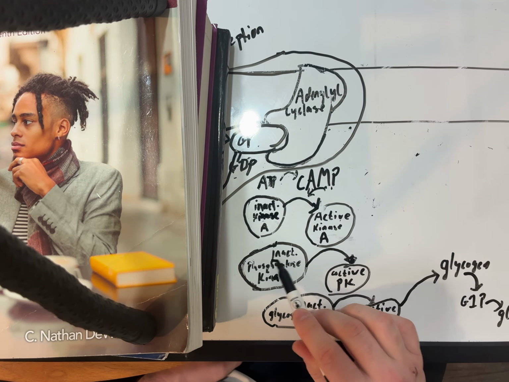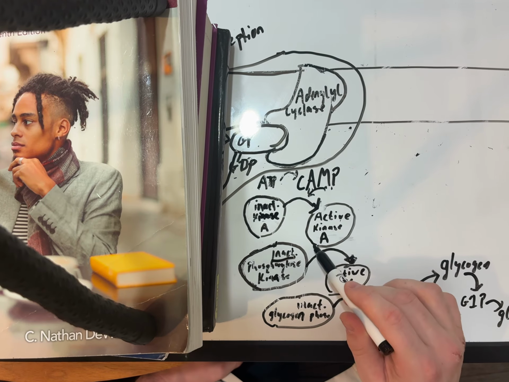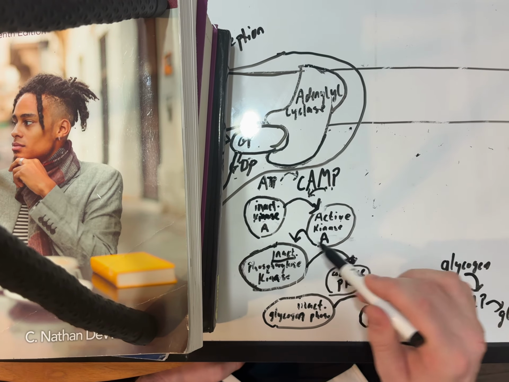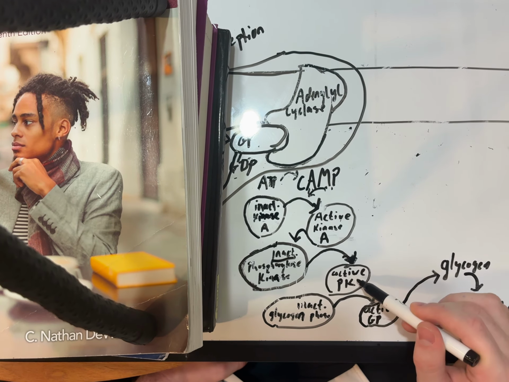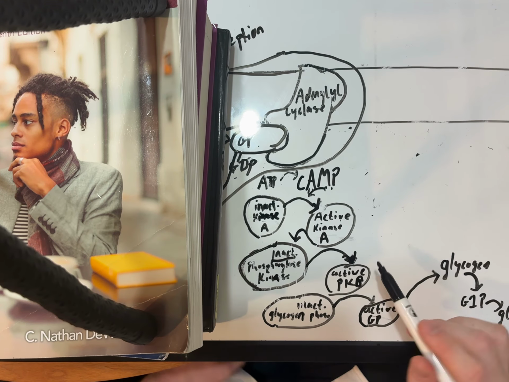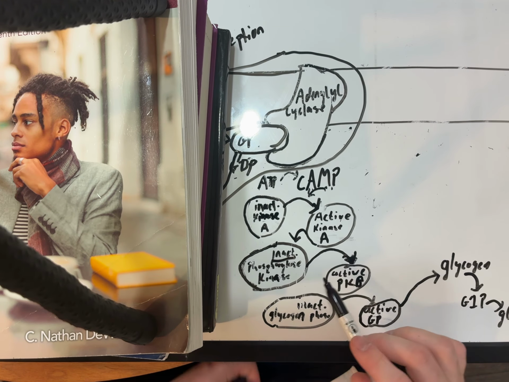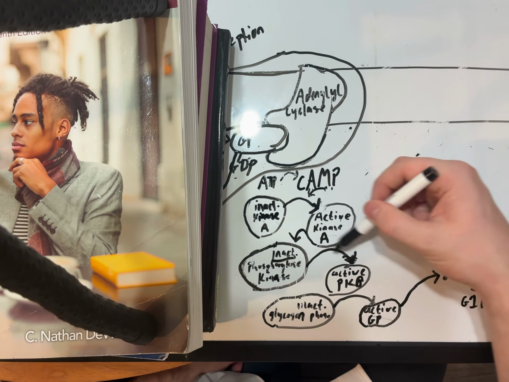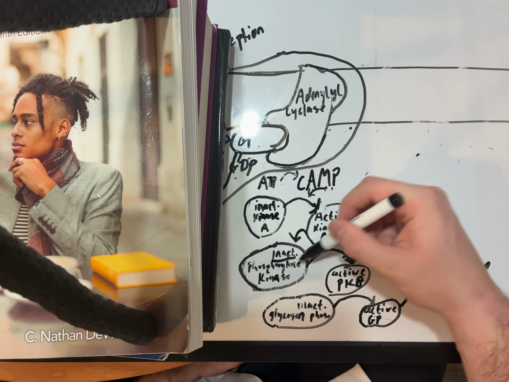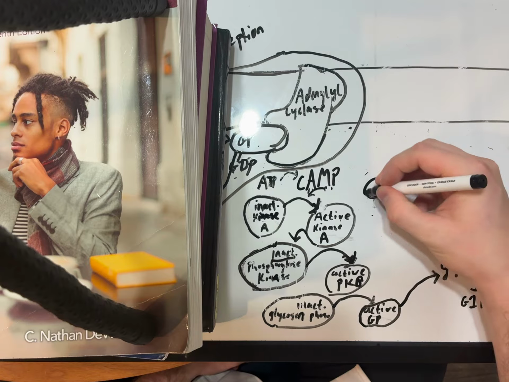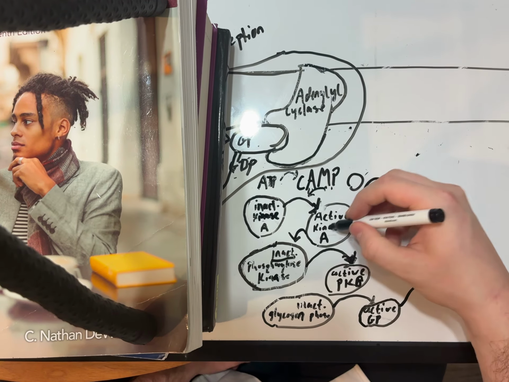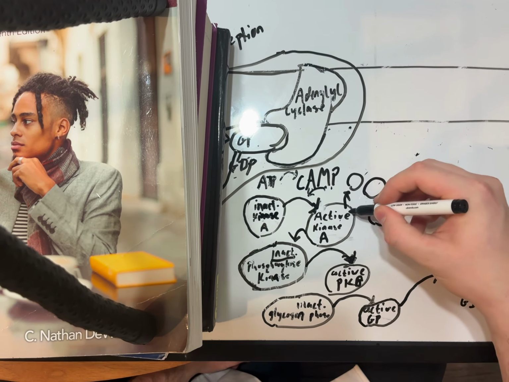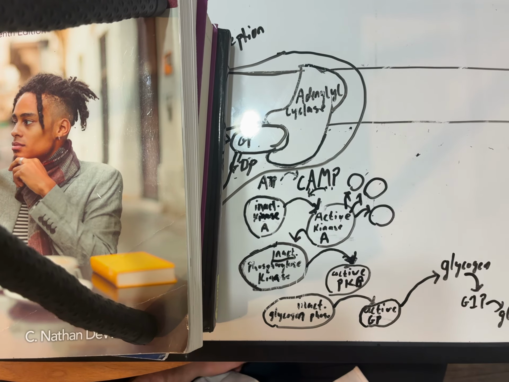So this is an inactive version, and remember, a kinase is going to phosphorylate it into an active PKB, we'll call it, protein kinase B, or phosphorylase kinase B. But it's important to understand that it could do this to multiple of these. This activated kinase can phosphorylate multiple different things.